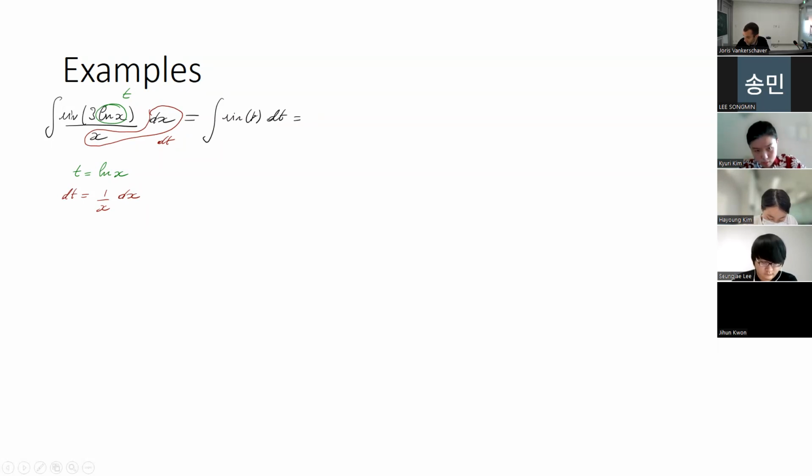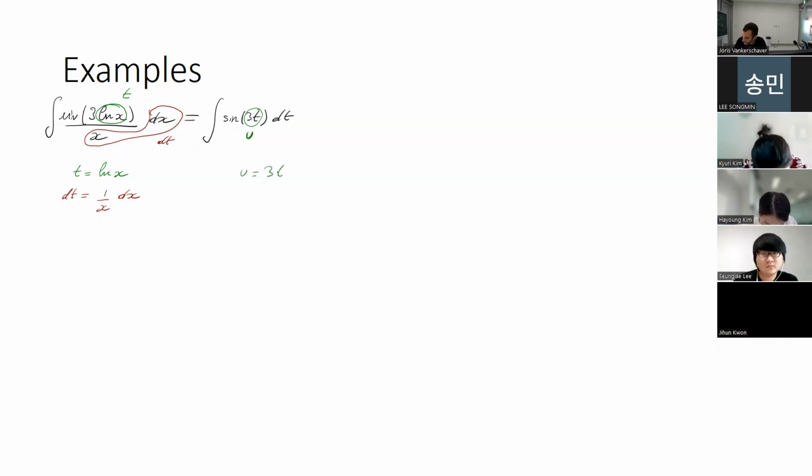Let's do it just a little bit more carefully. So I get the integral of sine 3 times t dt. And now this is maybe not an integral that we can solve directly. That's why I needed to be a bit more careful, but it's going to work anyway. So now I can call this 3t u.